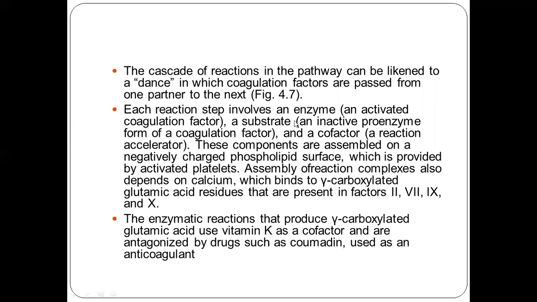These components are assembled on a negatively charged phospholipid surface, which is provided by activated platelets. Assembly of the reaction complex also depends on calcium, which binds to gamma carboxylated glutamic acid residues present in factors 2, 7, 9, 10. The enzymatic reaction that produces gamma carboxylated glutamic acid uses vitamin K as a cofactor and is antagonized by drugs such as Coumadin, used as an anticoagulant.